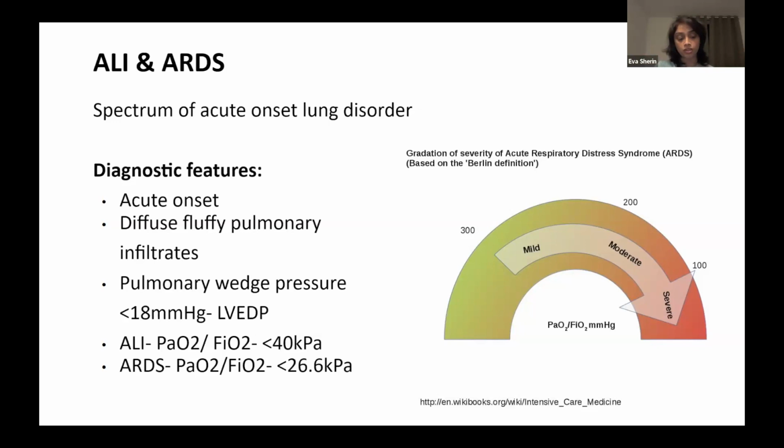If it is more than 18 mmHg, it means that your pulmonary arterial pressure is quite high, which means that your heart is not functioning that well, which means the reason for your respiratory failure is more of a cardiogenic cause rather than a pulmonary cause.